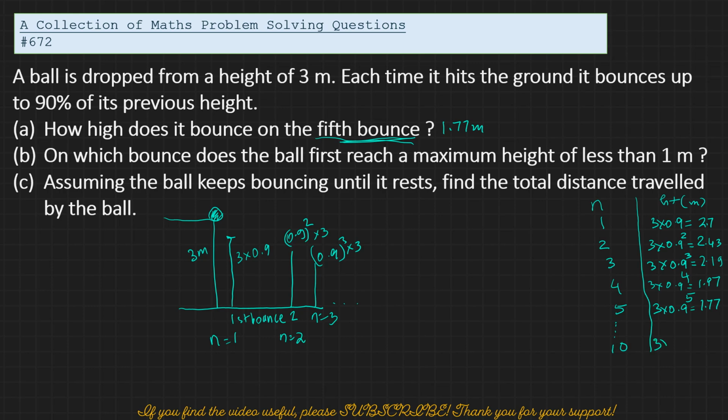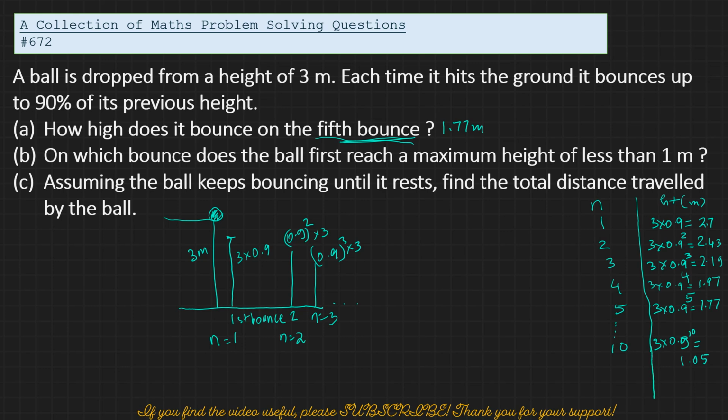We'd get 3 times 0.9 to the power 10, multiplied by 3, and I'd get 1.046. So that would be 1.05.